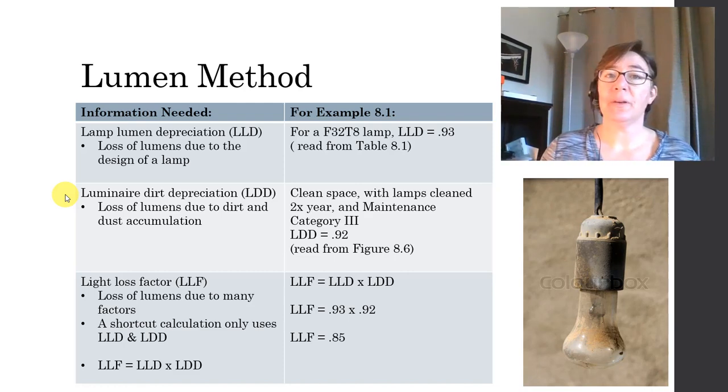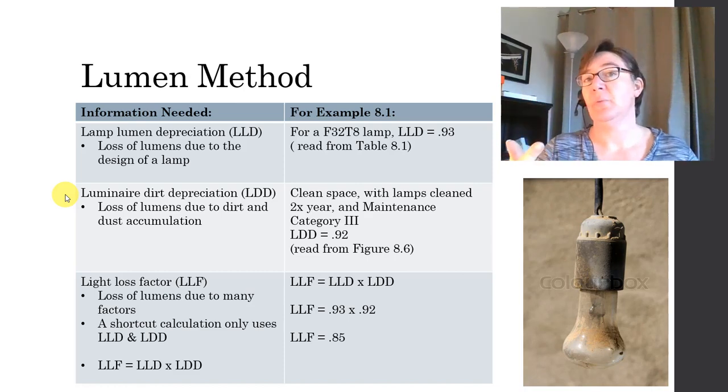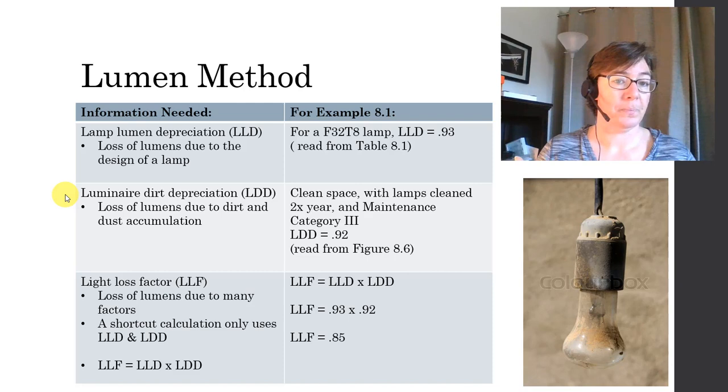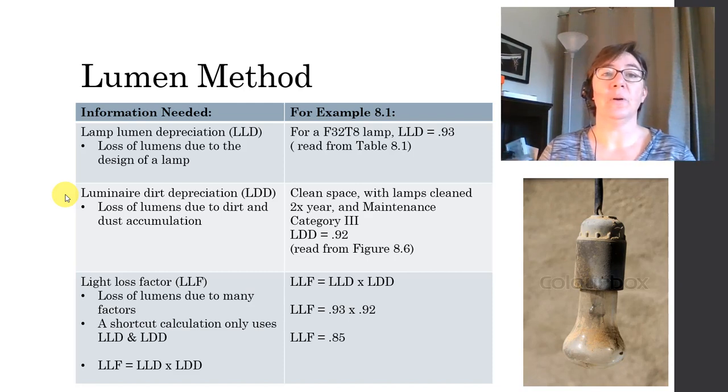All right, your book goes into more detail about these, so please go ahead and read through that all. But given those 3 factors, clean space, lamps cleaned twice a year, maintenance category 3 for this particular luminaire, we find out that our LDD, or luminaire dirt depreciation factor, is 0.92.